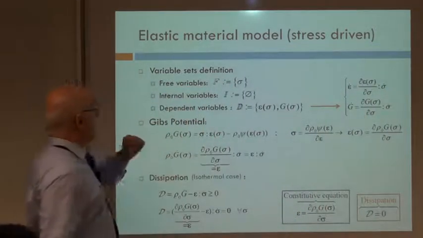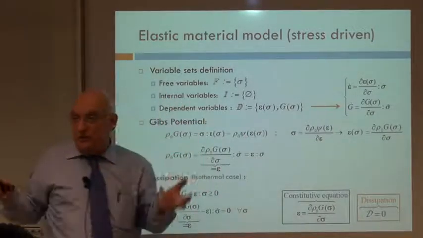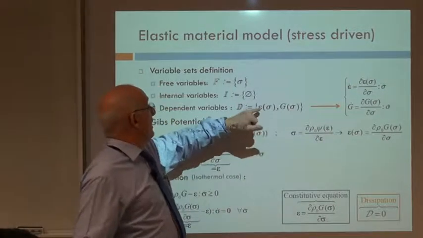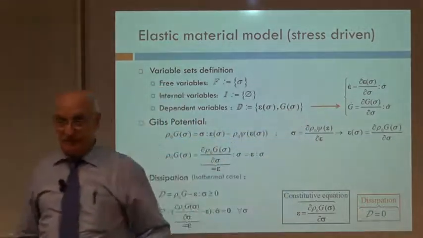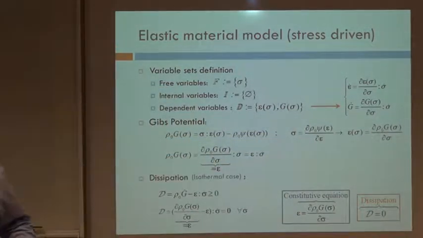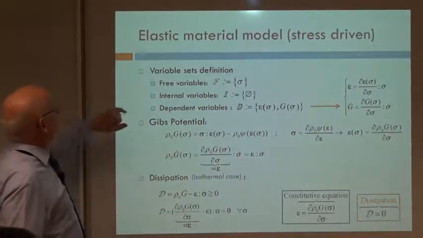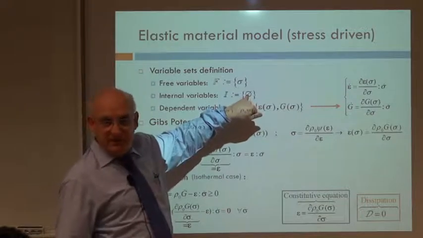So now, for instance, I can consider something which is a function of the stresses, which is the Gibbs potential. This potential is just a dependent variable that depends on the stresses. I'm not considering any internal variable, so the internal variables are considered an empty set.